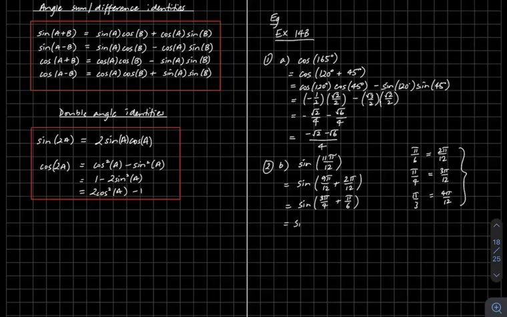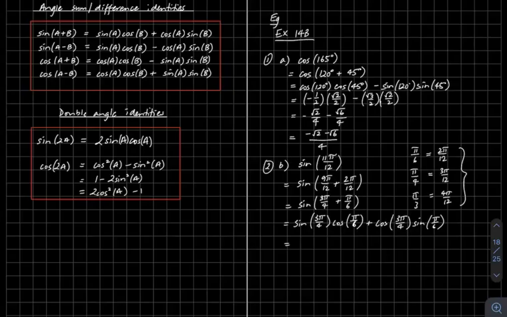So what have I got? I've got sine of 3 pi on 4 times cos of pi on 6 plus cos of 3 pi on 4 times sine pi on 6. So what's that equal to?